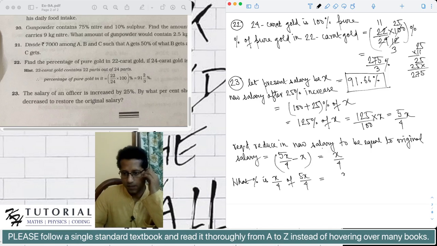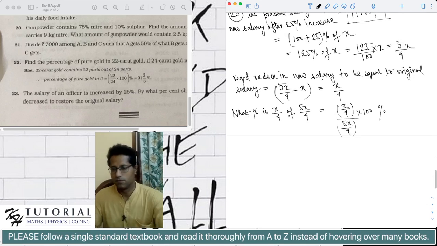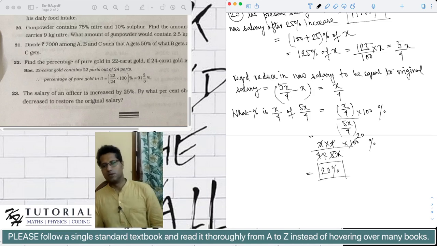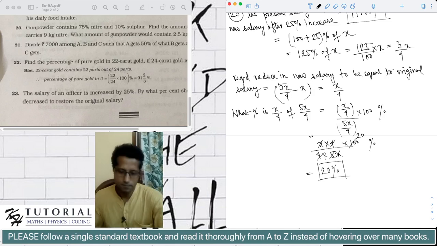This is equal to X by 4 divided by 5X by 4 multiplied by 100. Now if we simplify, it becomes X multiplied by 4 divided by 4 multiplied by 5X multiplied by 100. So 4 cancels out, 5 cancels 100 with 20, X cancels out, so this is 20%. So the new salary must be reduced by 20% so that it becomes the original salary.